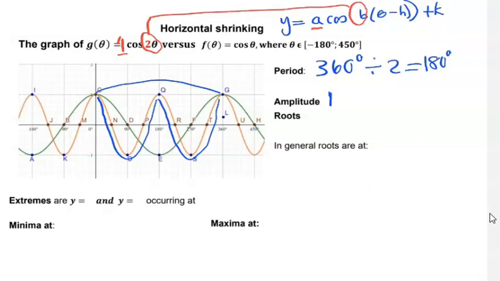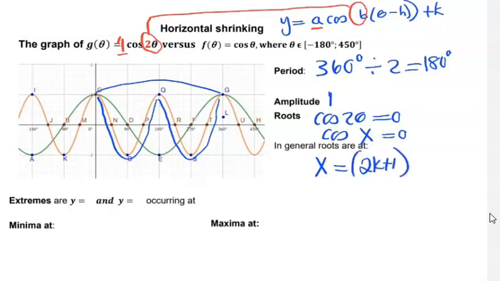So let us look at cos of 2 theta equal to 0. That's the same as when we solve cos of x equal to 0. Now, the roots for cos x equal to 0, we will get x equal to 2k plus 1 times 90 degrees as we had before.